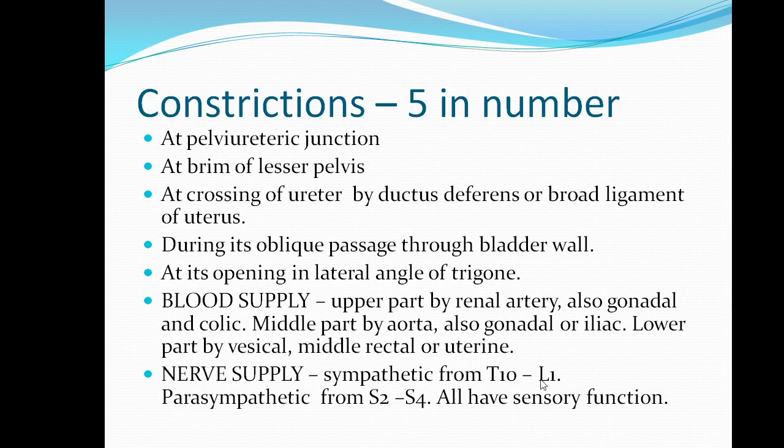All these sympathetic and parasympathetic nerves carry the pain sensation, and it is because of this fact that the pain of ureteric colic is referred to the medial side of the thigh. So this is all about the kidney and the ureter.